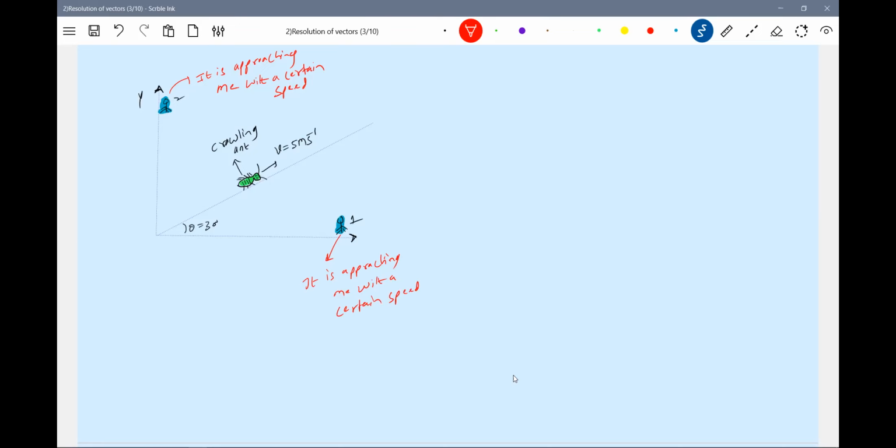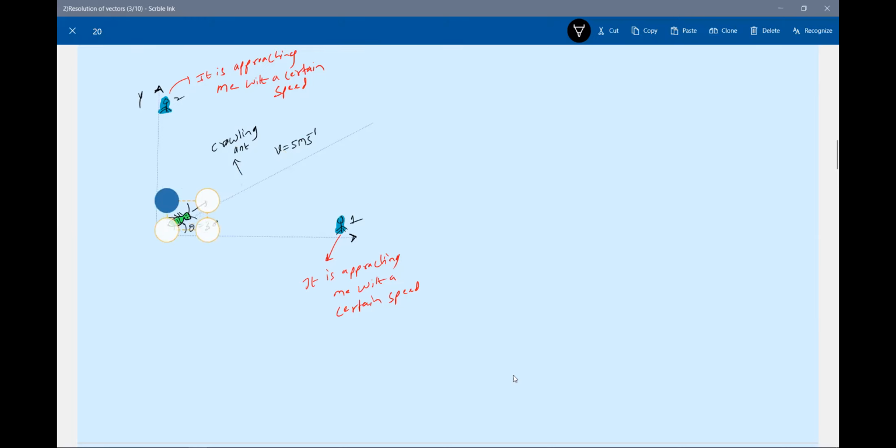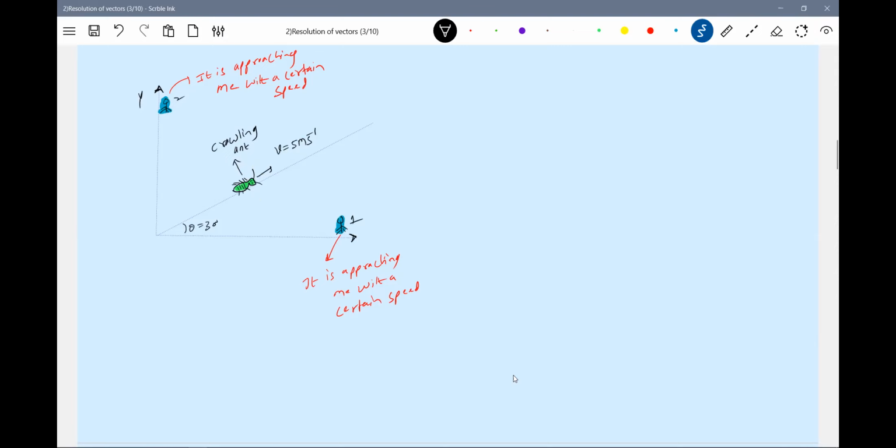Sir, how come both? Yes, definitely. If you are standing here, I'll show that this is our ant. It was here, no? It was at a certain distance. After some time, it has come here. Let's say that these two persons are at a distance of, say, 100 meters, or say 150 meters.